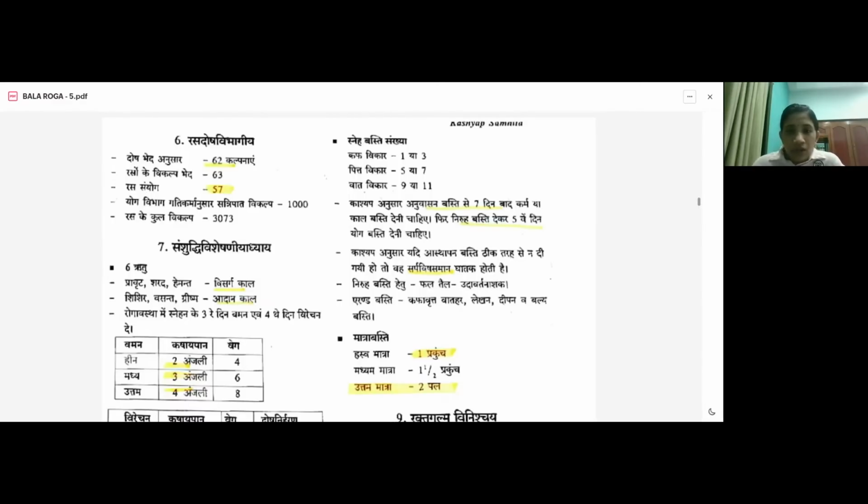Okay, and coming to the Samshuddhi Visheshana Adhyayam, here 2 types of Kala, that is Visarga Kala and Adana Kala ka discussion kiya hai. What are the Visarga Kala? Varsha, Sharat and Hemanta. And Shishira, Vasanta, Grishma come under the Adana Kala. Okay.